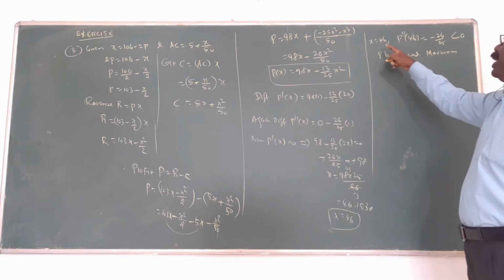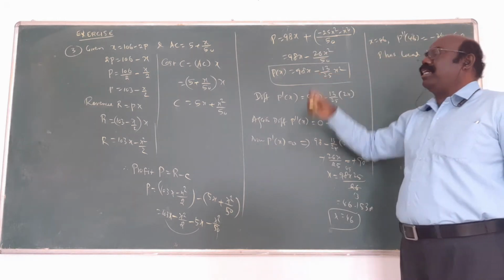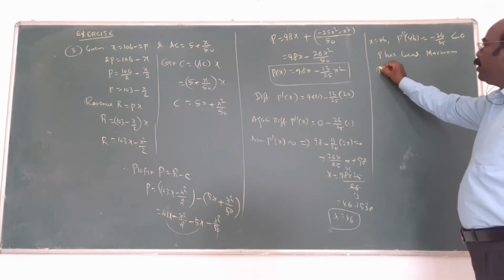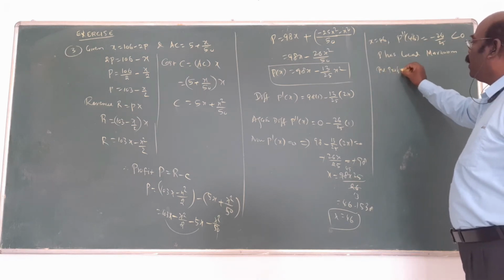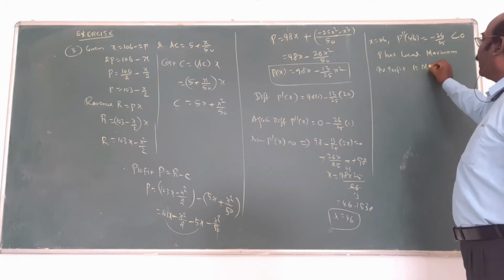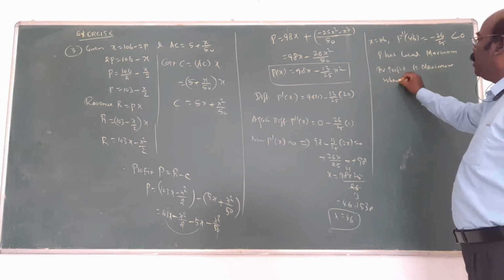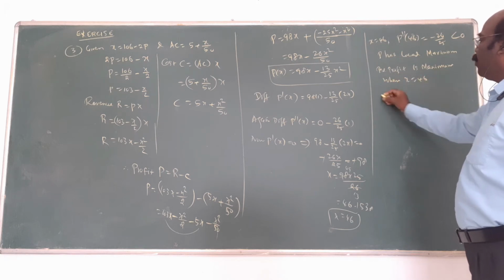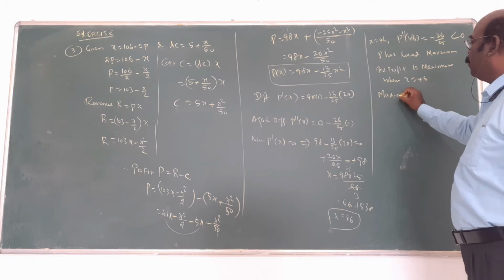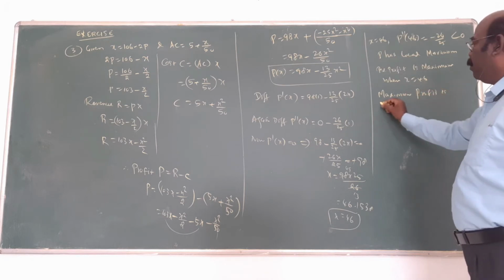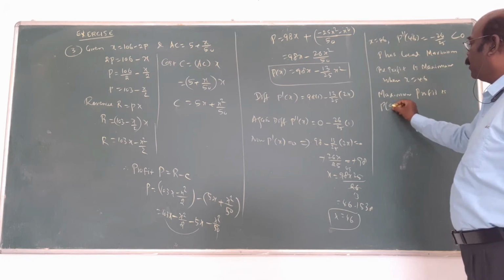Substitute x value here, that is called maximum profit. The negative means maximum. The profit is maximum when x equal to 46. Therefore, the maximum profit is P of 46.